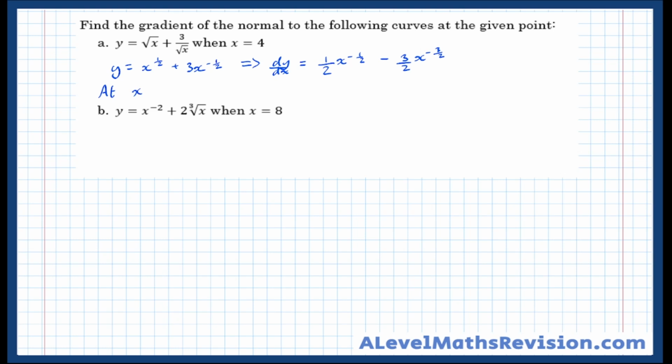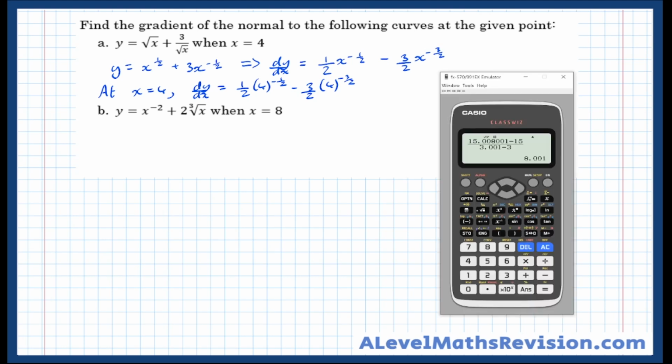So at x equals 4, the gradient of the curve dy by dx equals a half 4 to the minus 1/2 minus 3 over 2 4 to the minus 3 over 2.